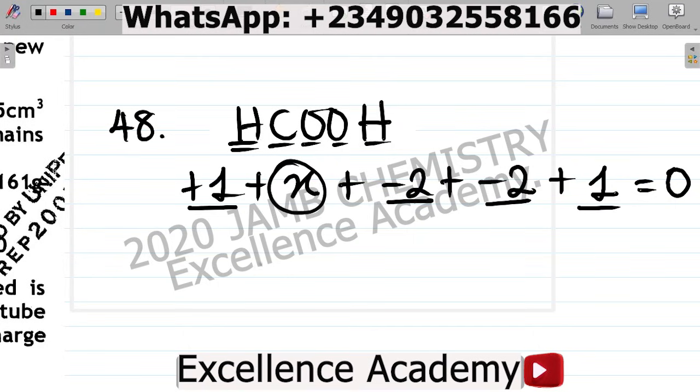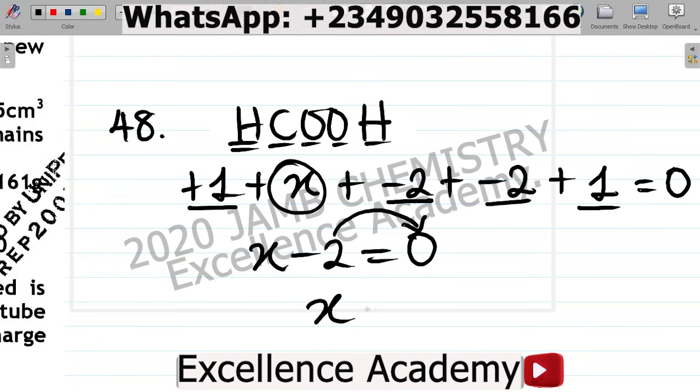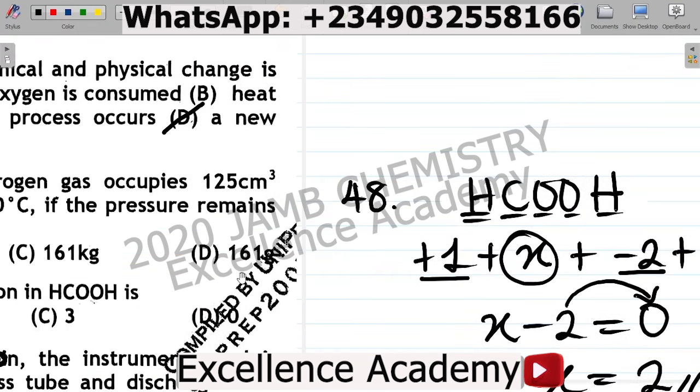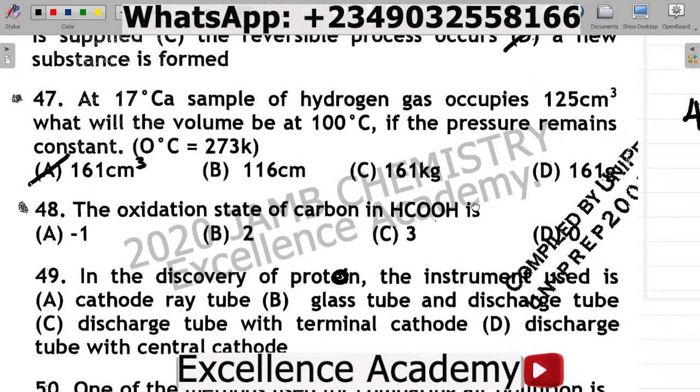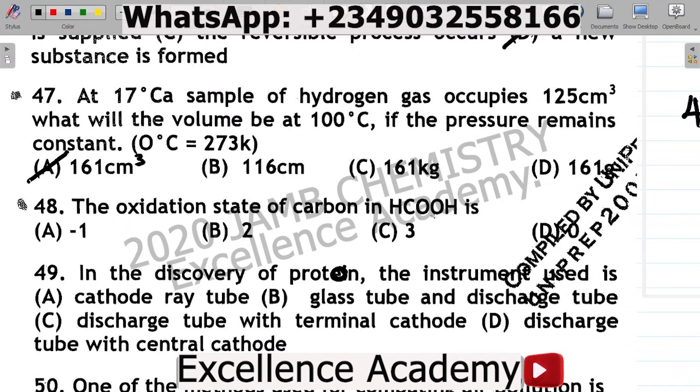So I'm left with x minus 2 is equal to 0. Move -2 over here, and x is equal to +2. In essence, the oxidation state of carbon in this particular compound is +2. So for 48, the correct answer there is B, +2.